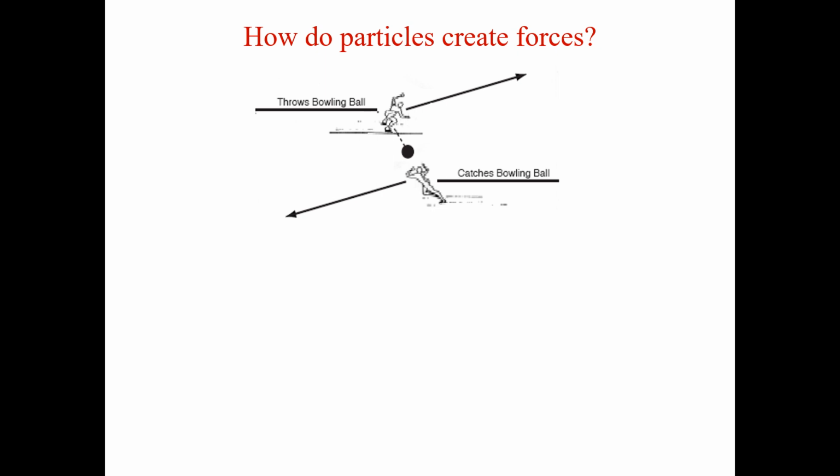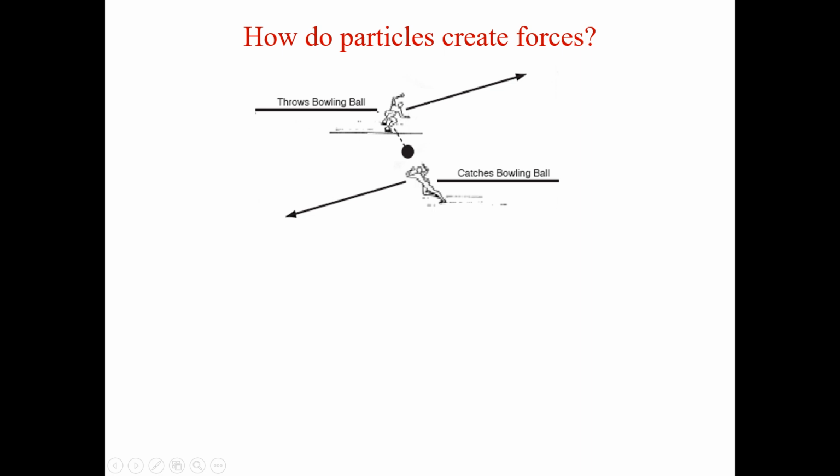So how do particles create the force? In modern physics, we say that particles are not only acted upon by the force, but they also generate the force. You can see it in this example diagram.